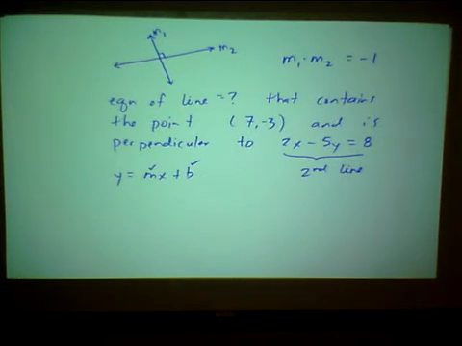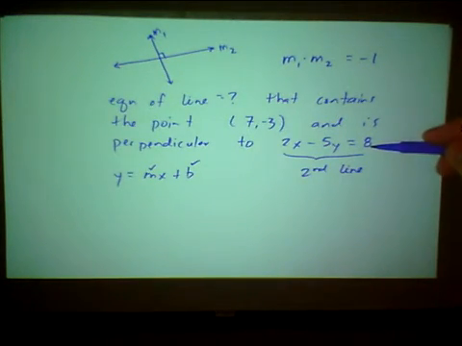Now I can find the slope based upon the information from this second line. I'm going to find the slope of this second line, and then use the special fact about perpendicular lines to find the slope of my line.